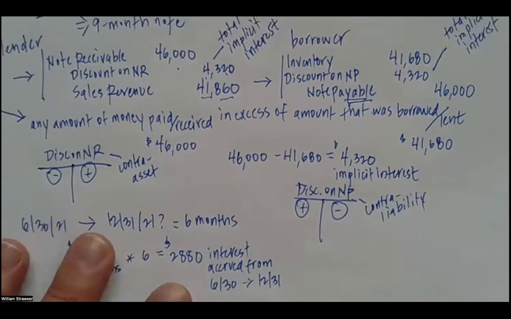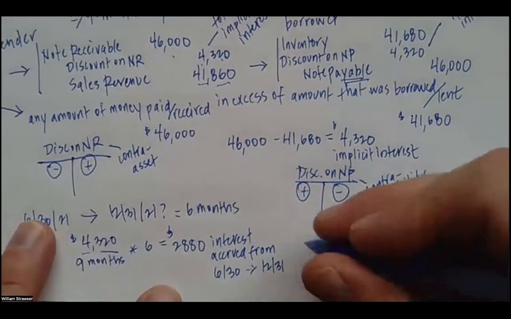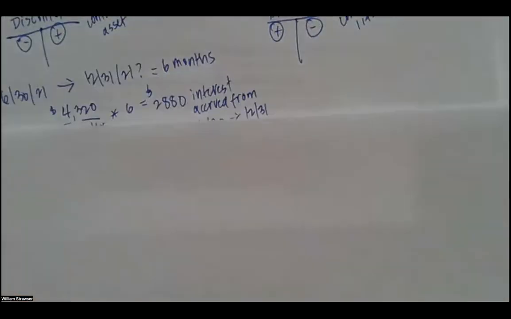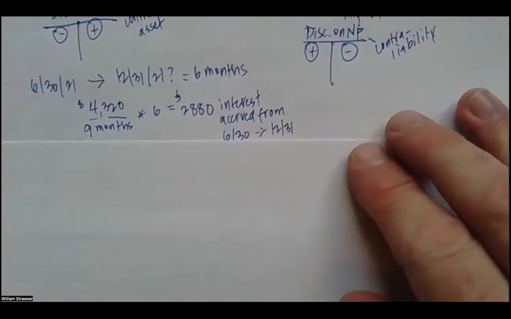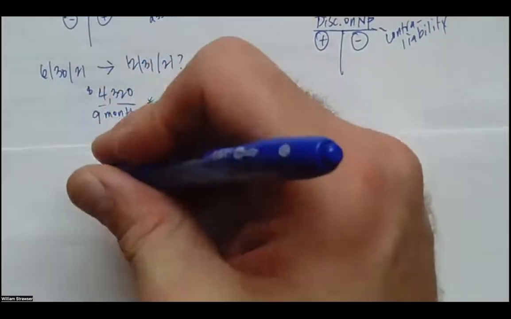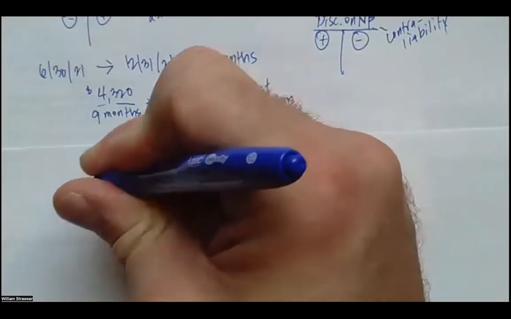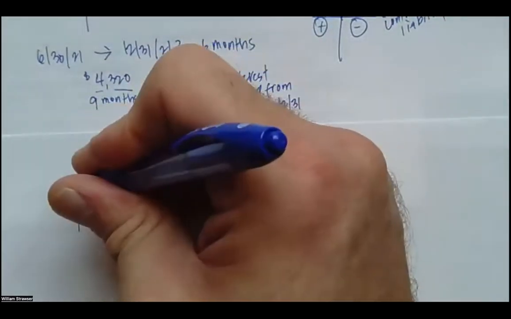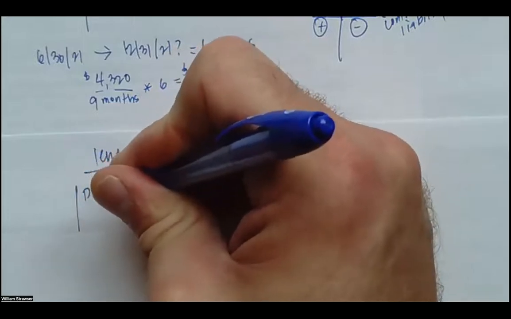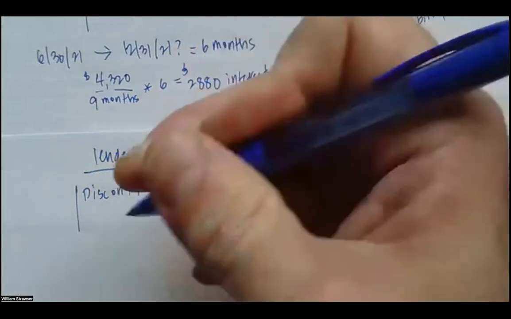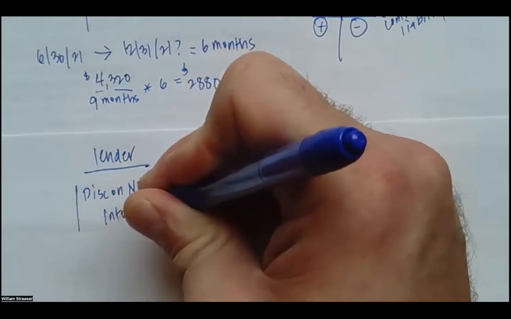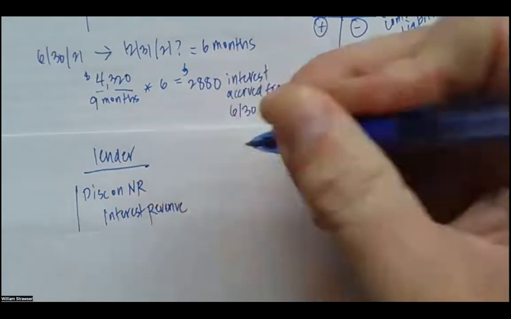4,320. I also know because when I make this journal entry at year end, when I go to record the adjustment for the interest amounts on the part of the lender, I'll record it like this. I'll debit the discount on the note receivable and credit interest revenue for that amount.